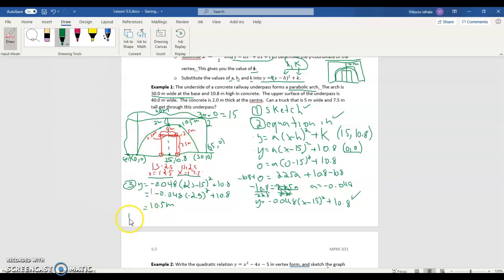We know that 10.5 meters is larger than 7.5 meters. Therefore, the truck can fit.